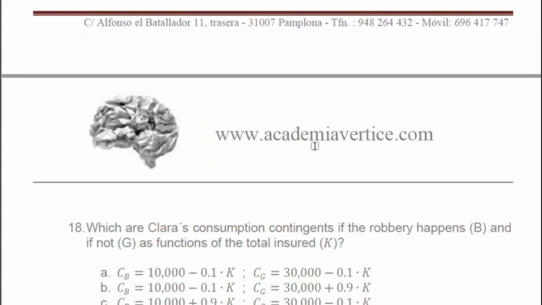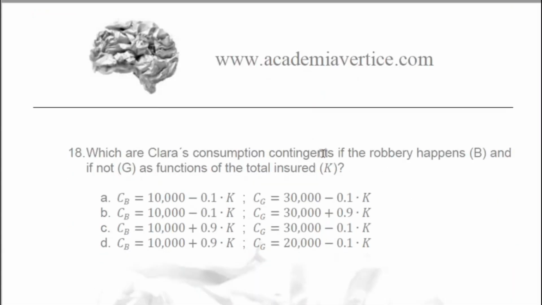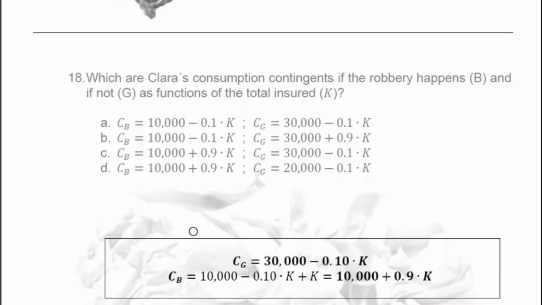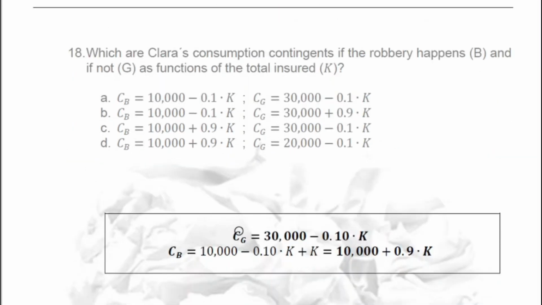Now, question 18. Which are Clara's contingent consumptions if the robbery happens, B, the bad state of nature, and if not, the good state of nature, as functions of the total insured K? The contingent consumption if the good state of nature happens is that she will receive $30,000 from the buyer, and she pays the insurance, that is 0.10 times the quantity insured.